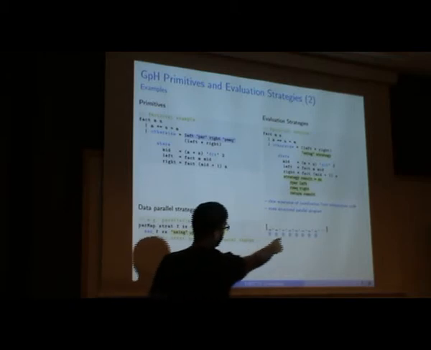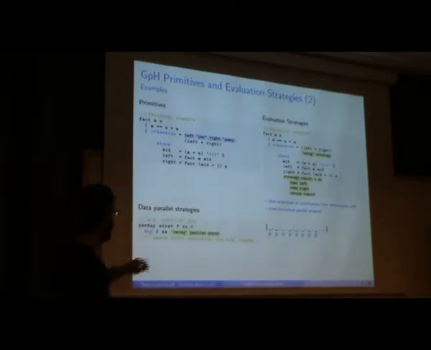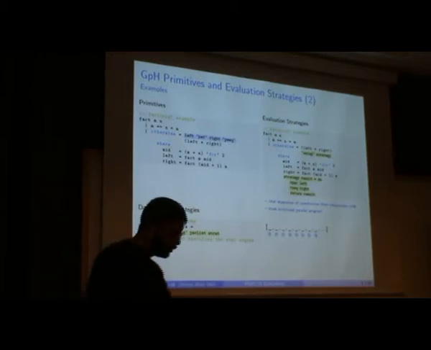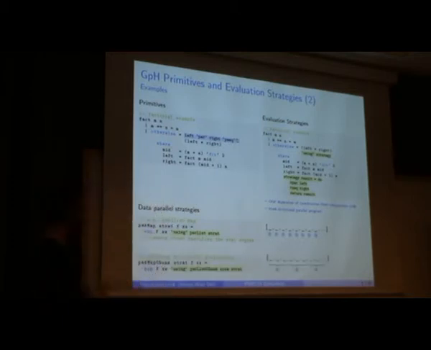For each element, it creates a spark. The second argument, which is also a strategy, specifies the evaluation degree. In this case, we can specify either weak head normal form or deepseq, which evaluates to completely normal form.